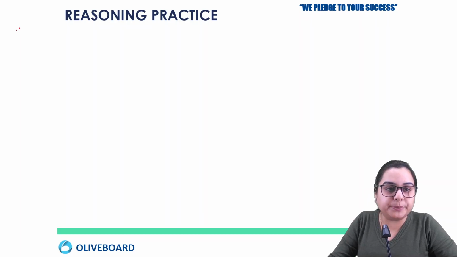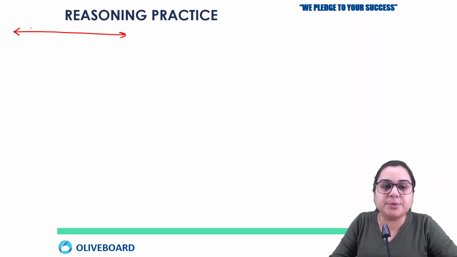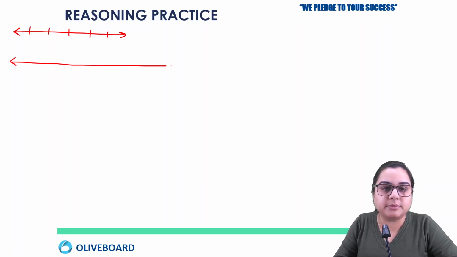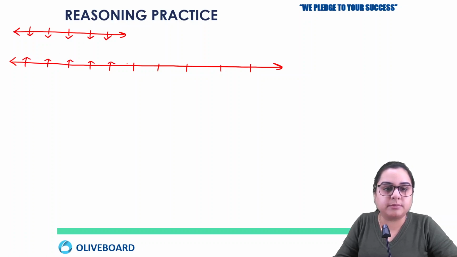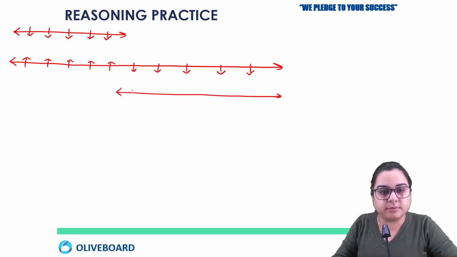So what I'm going to do, see, I'm going to make three possibilities. Now this will be your first possibility.